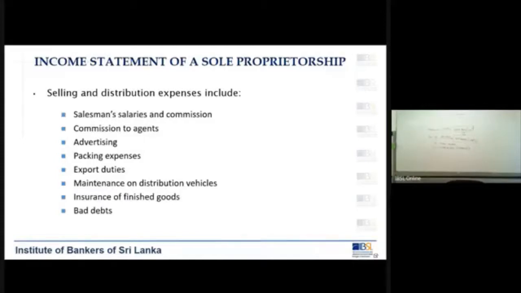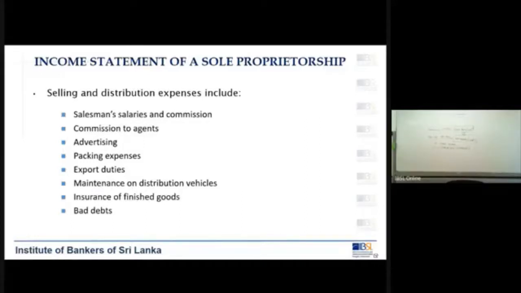All these relate to the selling of your product. In a trading business, they may have to incur certain expenses which are directly related to selling of the products. Those types of expenses are considered to be selling and distribution. So what are a few items?